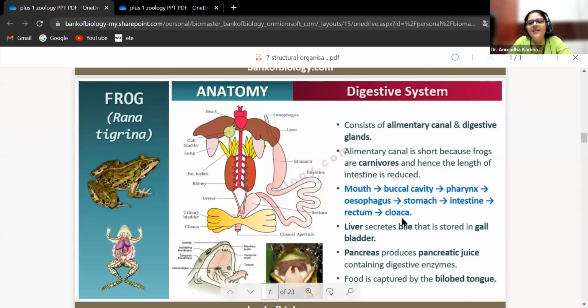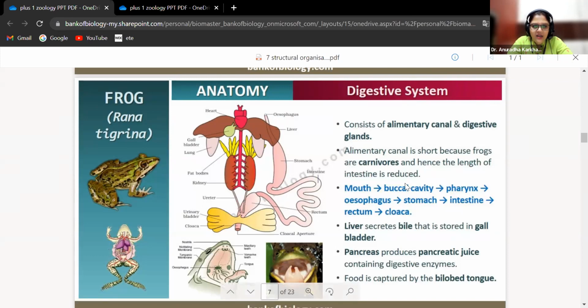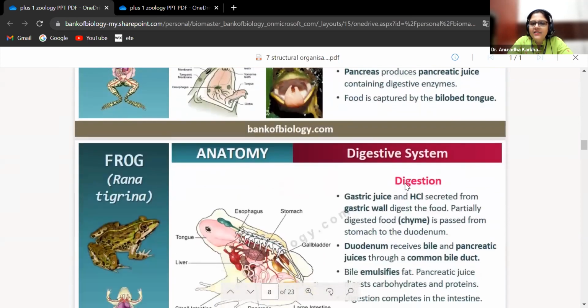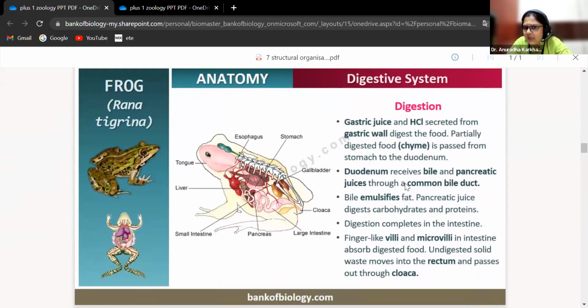Okay. So food is going to be captured by the bilobed tongue. Digestion is just like in humans. See, gastric juice and hydrochloric acid are secreted from the gastric wall. You remember chief cells, oxyntic cells? Does it sound familiar? Have you ever heard these names in your life?